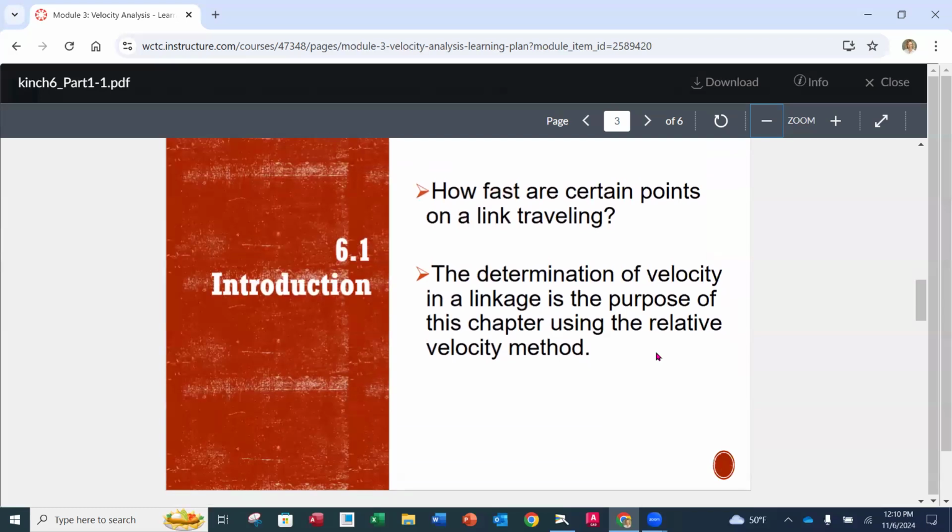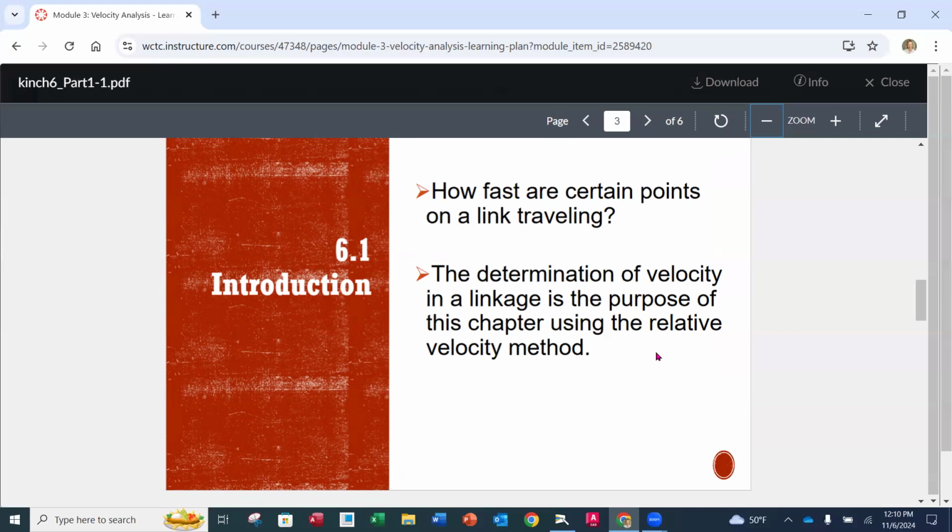So in the beginning here, in our first section of chapter 6.1, it talks about velocity analysis, and here are the questions we're going to be answering in this chapter. First of all, how fast are certain points on a link traveling?